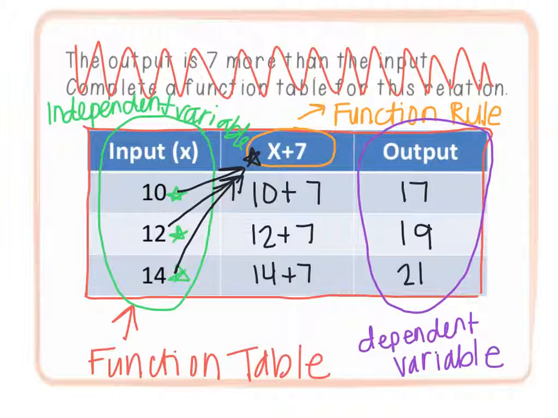Notice when we plugged in a 10, our number was 17. The input created the output of 17. 12 created 19. So 19 depended on 12 to give us this answer, and then 14 gave us 21. So 17, 19, and 21 would be the dependent variable, or it's called the output.